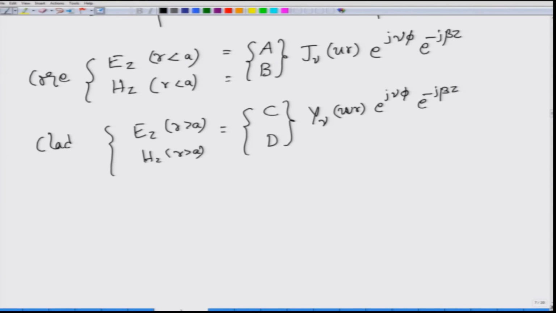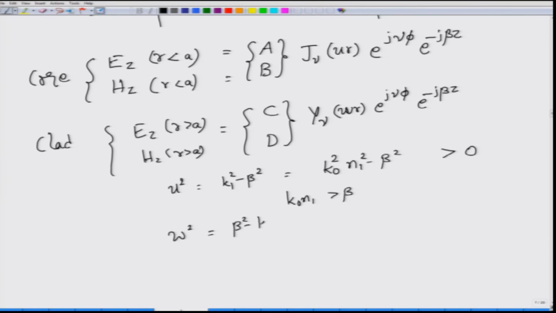One very important thing before we end this module is that the value of u squared, which is k1 squared minus beta squared, that is given by k0 squared n1 squared minus beta squared, has to be positive, which means that k0 n1 is greater than beta. W squared, which is defined as beta squared minus k2 squared, or beta squared minus k0 squared n2 squared, has to be positive, or rather k2 squared minus beta squared has to be negative.